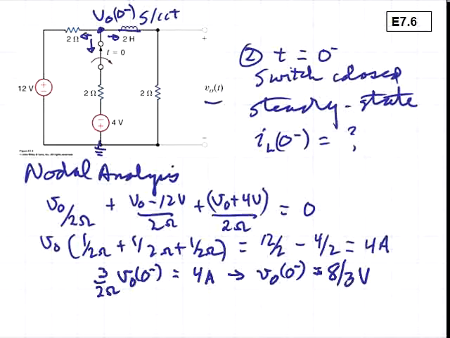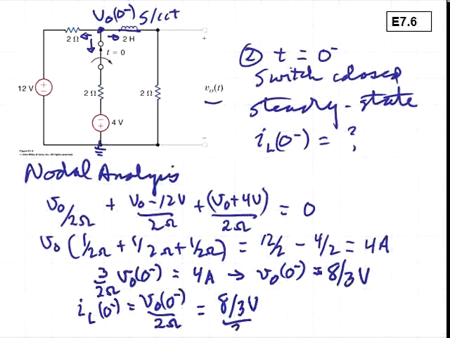What we're really seeking here is the IL at 0 minus, which will be this VO at 0 minus divided by the 2 ohms. Recall that the inductor looks like a short circuit at this instant. This will be 8/3 volt divided by 2 ohms, and this current will be then 4/3 amp. So that's step 2 in the procedure.